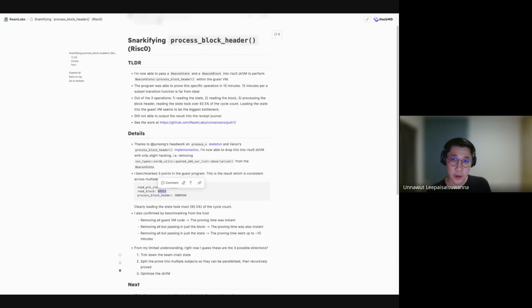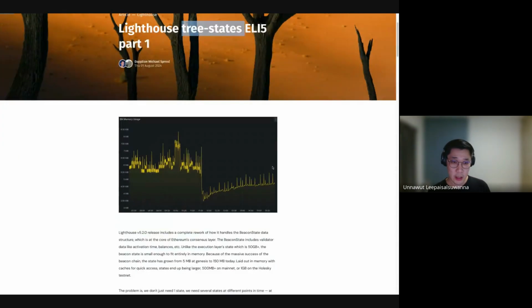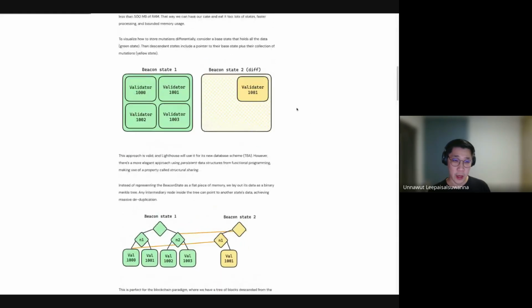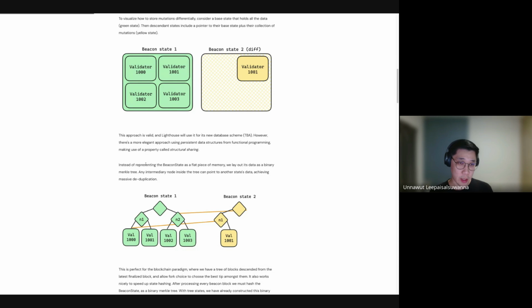From what I've seen so far, and also another interesting read if anyone is interested, Lighthouse is already moving towards this. In August 2024, only a few months ago, Lighthouse introduced tree-states. Basically, instead of just storing the data in memory however the programming language figures it out, they are actually storing the beacon state in a hash tree.